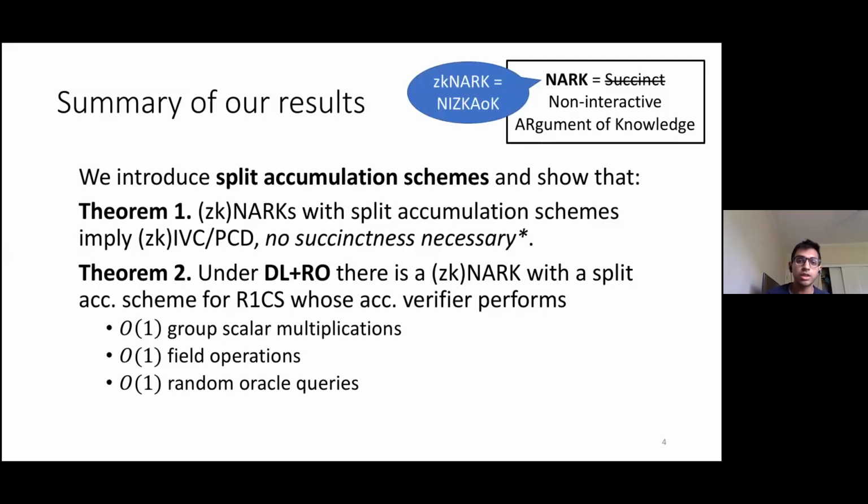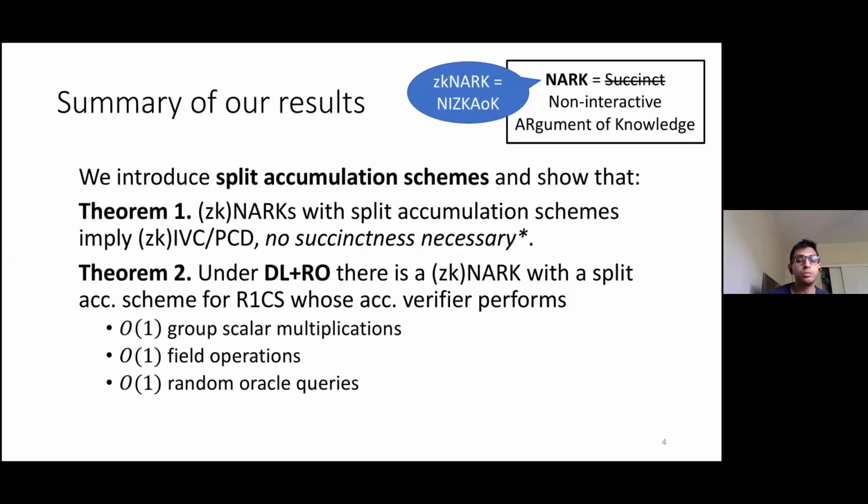But can we actually construct these NARKs? What we do is we show that assuming discrete log, in the random oracle model, there is a zkSNARK which has a split accumulation scheme for the R1CS relation, where the accumulation verifier performs only a constant number of group scalar multiplications, field operations, and random oracle queries.